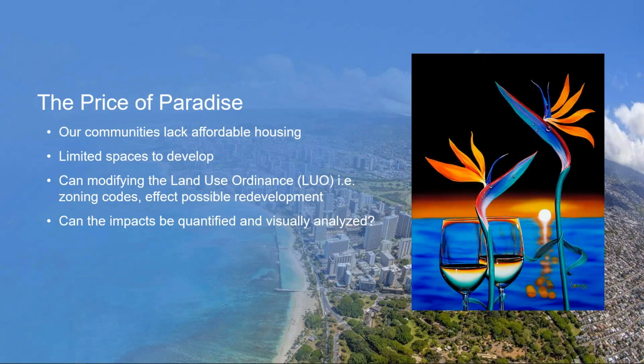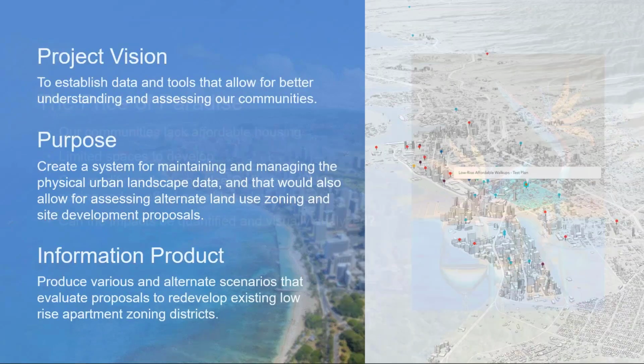Changes in our zoning ordinances influence our housing market, so we want to be able to understand what would result from these potential changes. Part of our special requirements is not only to quantify the impacts of these changes, but to also visualize the impacts of redevelopment proposals.